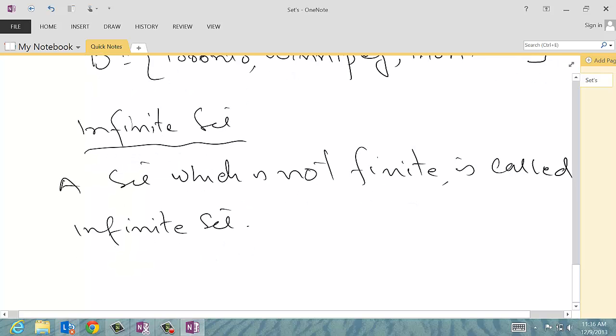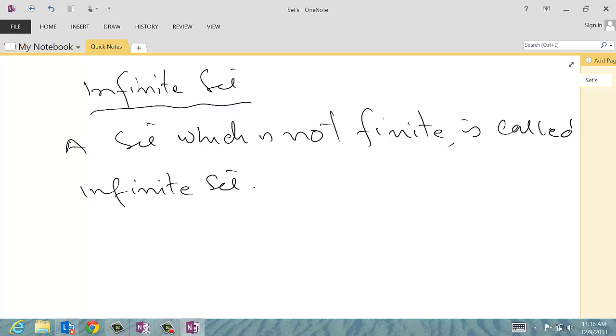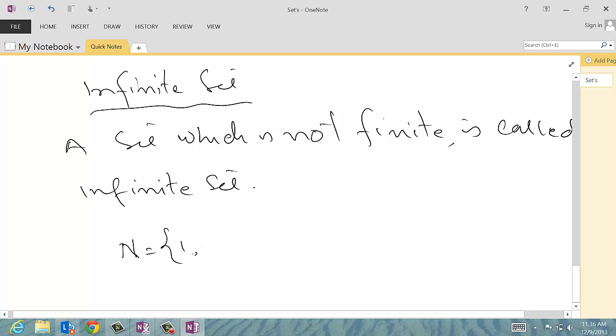Well, what kind of sets would be those? Well, for example, if you take a set of all counting numbers, typically the set of counting numbers is denoted by N, so I'm going to use the letter N, and the counting numbers start from 1, 2, 3, 4, 5 and so on. Is there an end? There is no end.